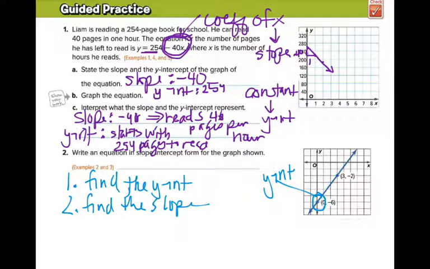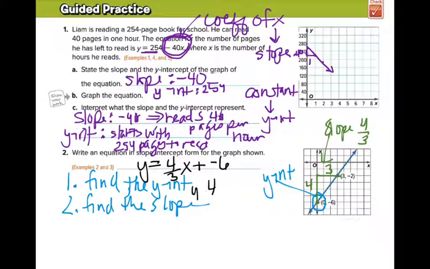For my slope, I'm going to take the first point and the second point, and I'm going to find the rise and the run. My rise is 4. My run is 3. So my slope is 4 over 3. Take those two pieces of information and write your equation. Y equals 4/3 x plus negative 6, or y equals 4/3 x minus 6.